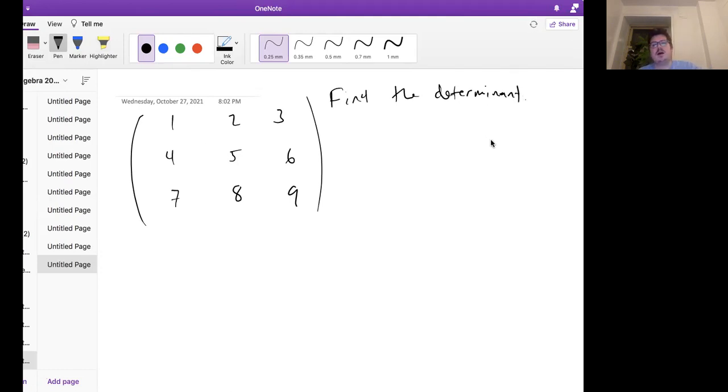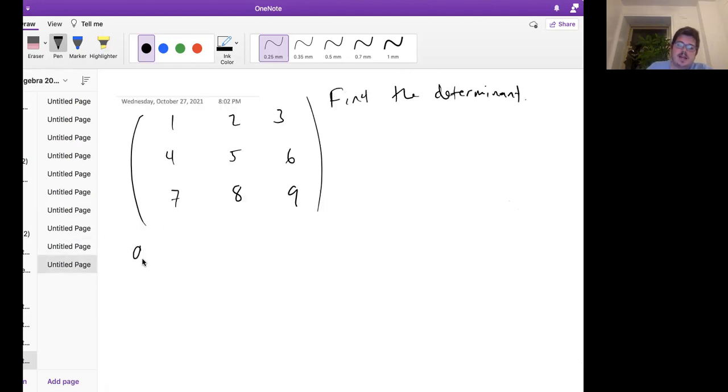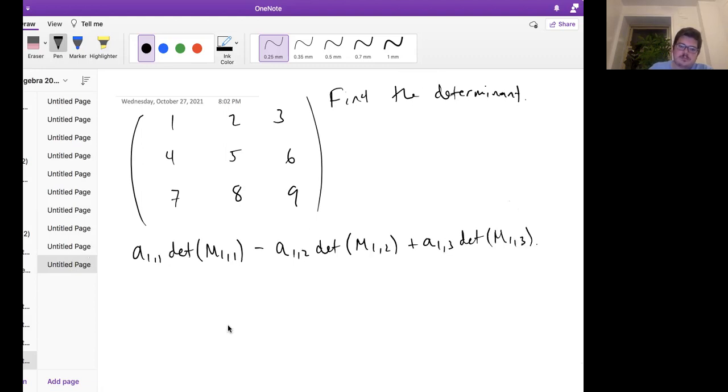Okay, so what do we do? Based on our formula, it's a11 determinant of M11 minus a12 determinant of M12 plus a13 determinant of M13. Okay, what's a11?